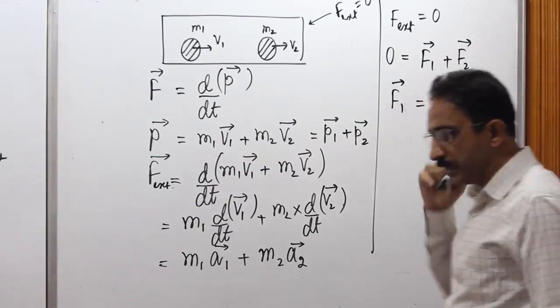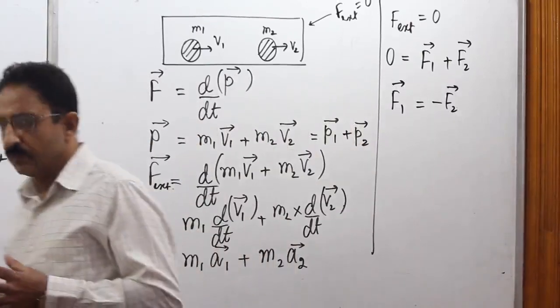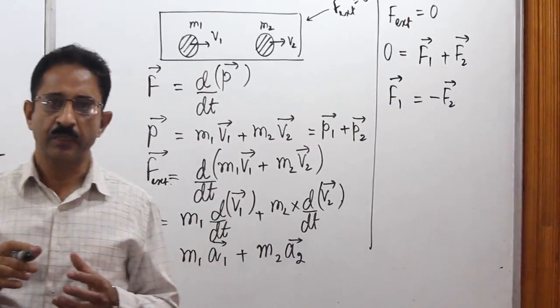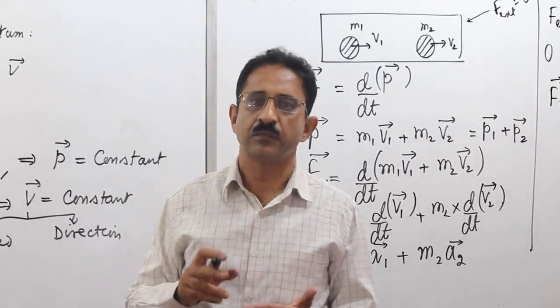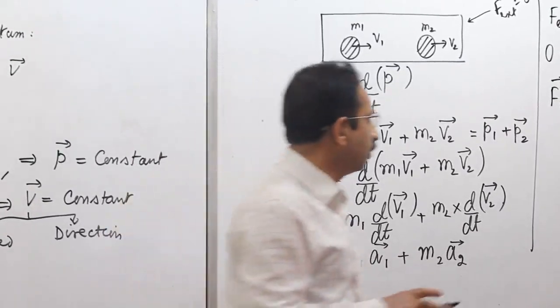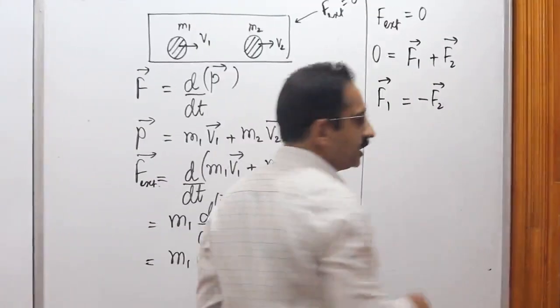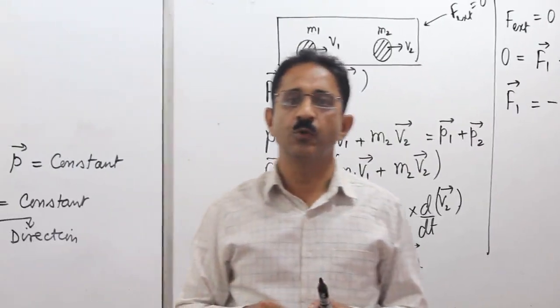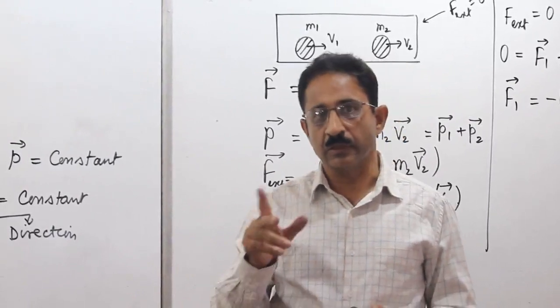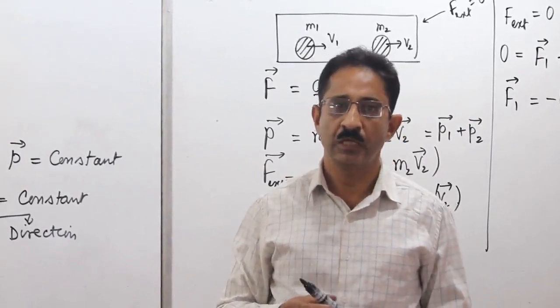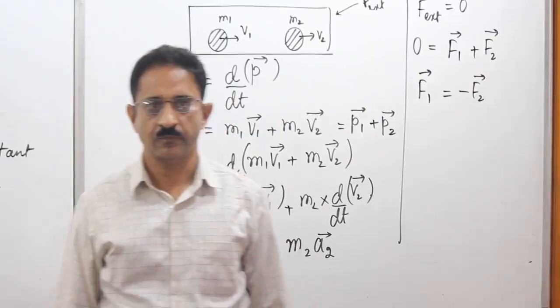What does this mean? This means that now the system where we have two particles moving, what should be a possibility कि अगर हम कहते हैं कि net external force 0 है, फिर जो force F1 और F2 है, उनके बीच में ये relation है that these two forces must be equal and opposite to each other. And this equal and opposite nature of the forces becomes significant.